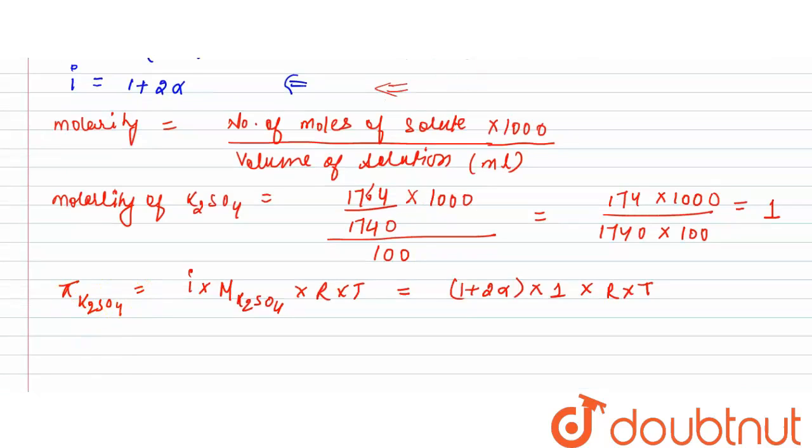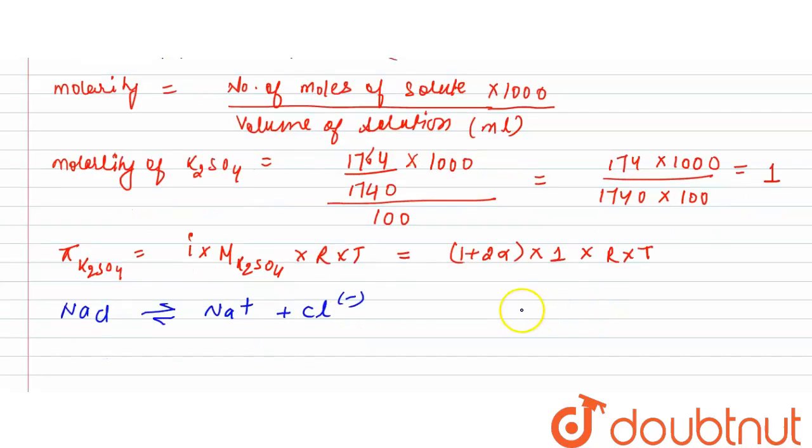Now let's deal with NaCl. NaCl on dissociation gives us Na plus and Cl minus. Since it has been given that it is having 100% dissociation, the value of alpha is 1.